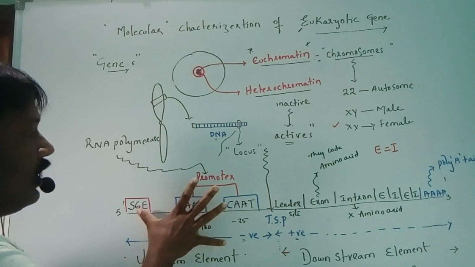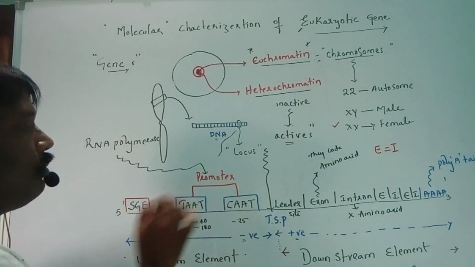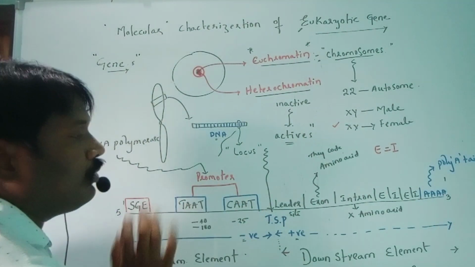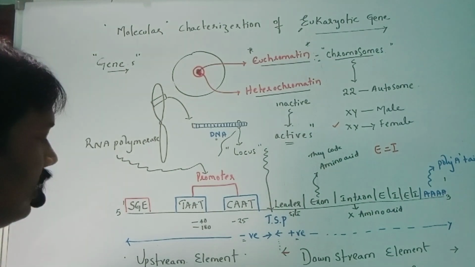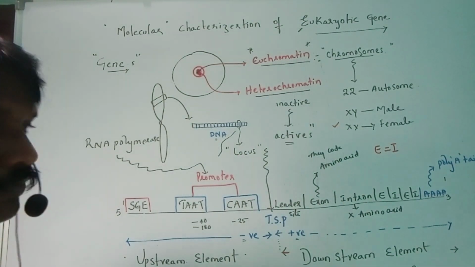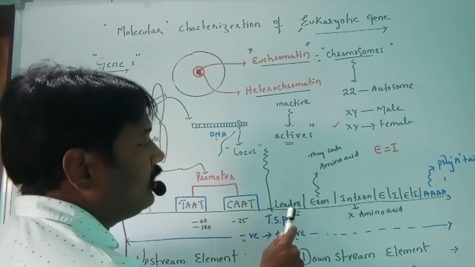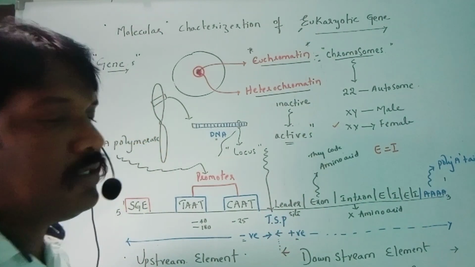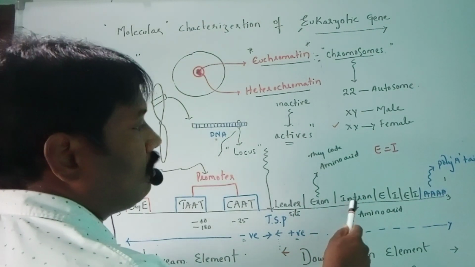What they do is control the transcription process whenever RNA polymerase is binding on the promoter. So that's why we know them as the controller gene sequence and upstream elements. Now, at the transcriptional start point, we have the leader site to lead the transcription.